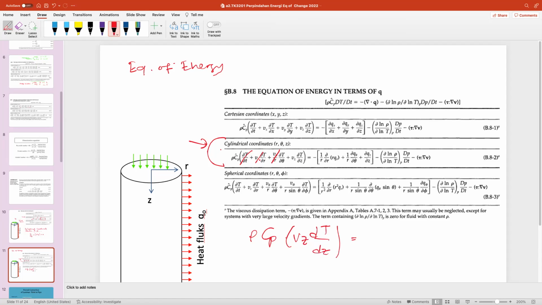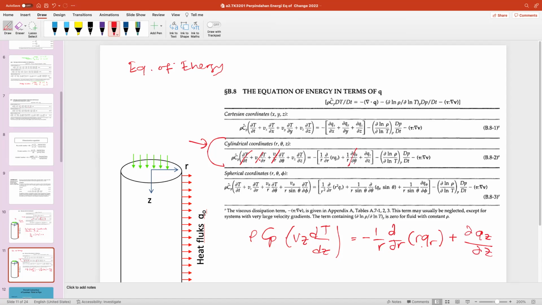This is from the left hand side, and then from here we can see 1 over r dou over dou r of r qr. We have this one, and then we don't have dou qz over dou z, or we may have this one, and also we can neglect that one. So that would be minus 1 over r dou over dou r of r qr plus dou qz over dou z.